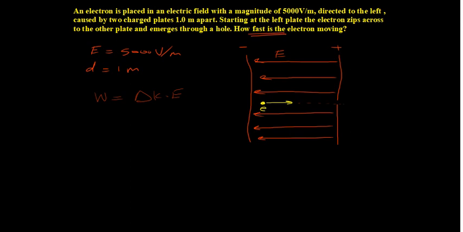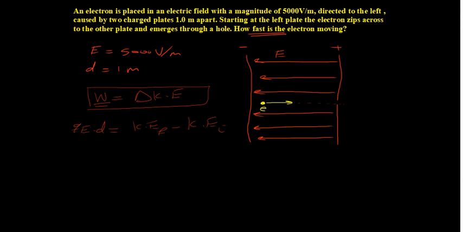But you also need to keep in mind that the work equals the change in the kinetic energy, which is the kinetic energy final minus the kinetic energy initial. Now, what about the work? Well, I know that the work equals qE times the distance between the two plates, because I know the charge of the electron, the electric field between the two plates, and the distance between the two plates.